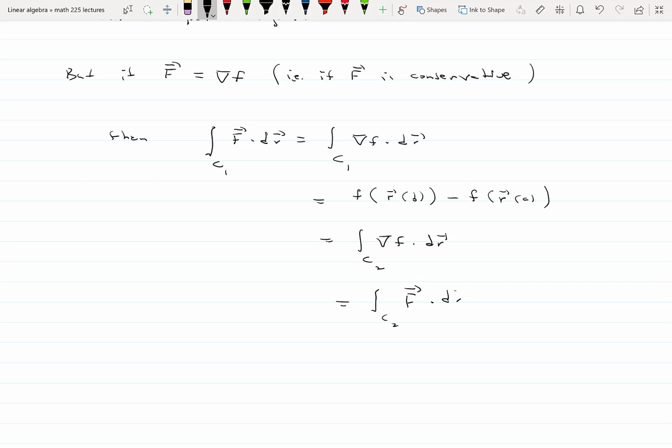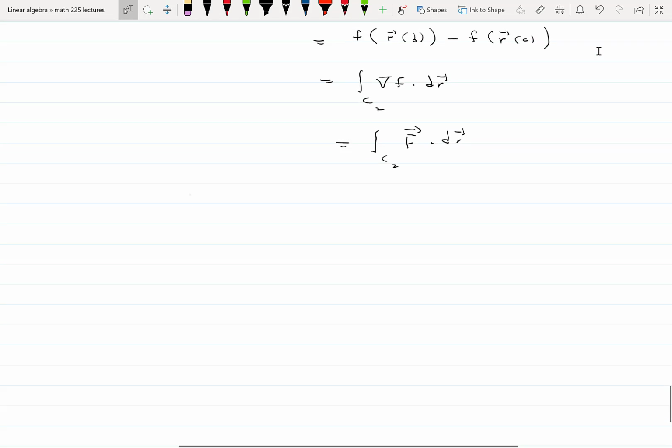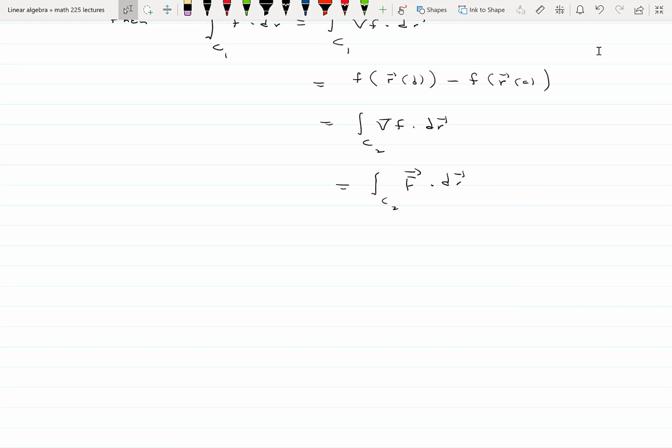Now look at the beginning and end results. The work along C1 is the line integral F dot dr along C1. That equals the work along C2. So the integral of a conservative vector field is independent of the path of integration. This is the bottom line here for this concept.